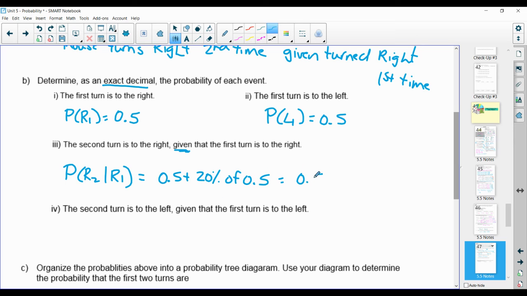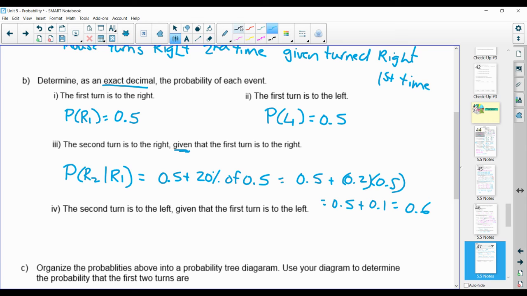So this is going to be 0.5 plus 0.2 times 0.5. So 0.5 plus 0.1. There is a 60% chance that the mouse will turn right the second time, given it turned right the first time. And that should make sense because 60% is 20% more than 50%.